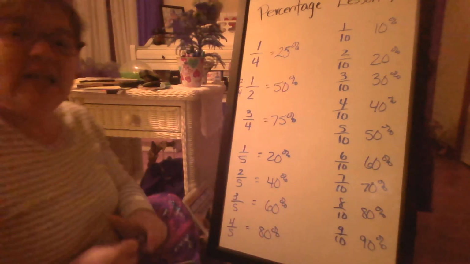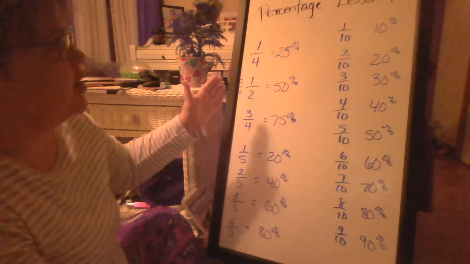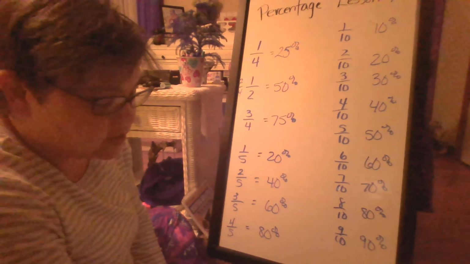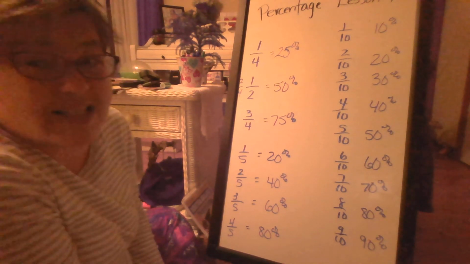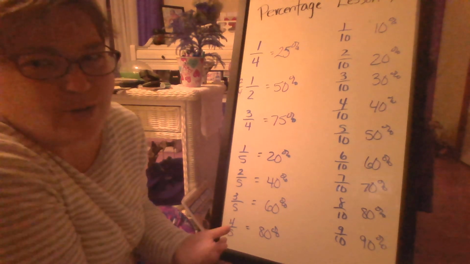So I'm just letting you know that those are the fractions that lead to percentages that are most widely used and that you can pretty easily memorize so that you don't have to do method 1 or method 2 when you see them.